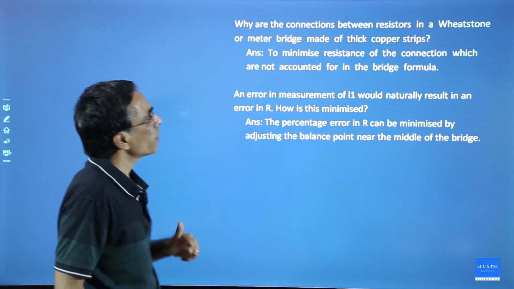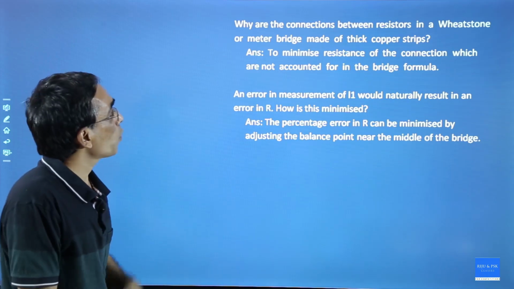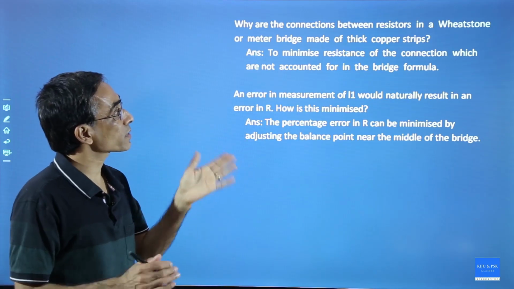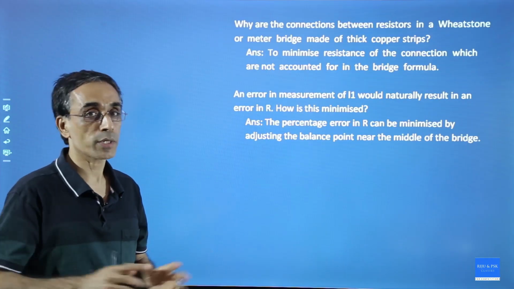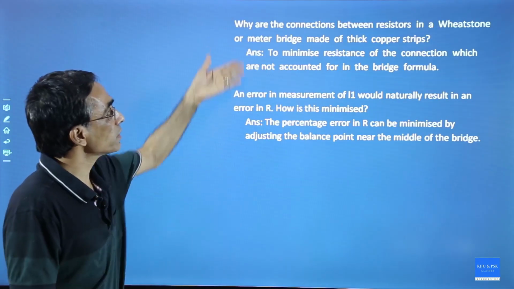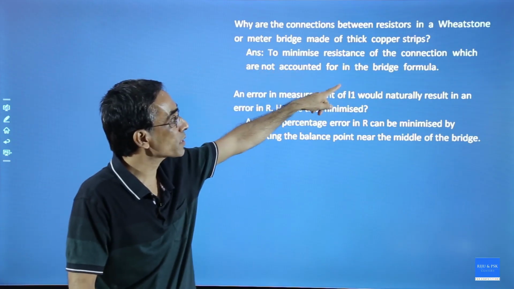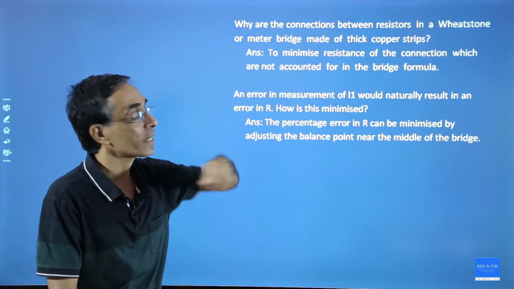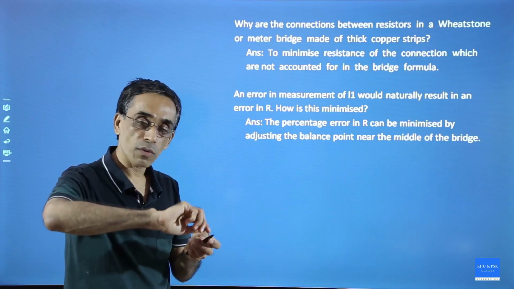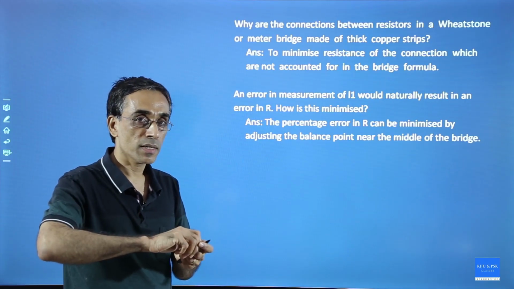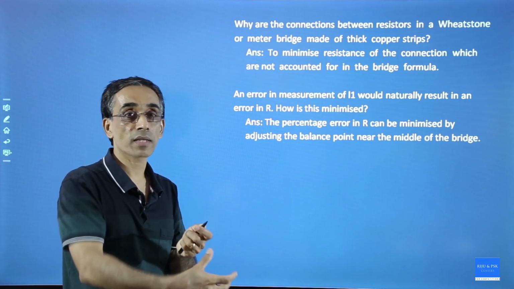Now, some theory questions. Why are connections between resistors in a Wheatstone or meter bridge made of thick copper strips? I told you, thick copper strips are used to minimize the resistance of the connections which are not accounted for in the formula. When you make wire connections, there will be some extra resistance.